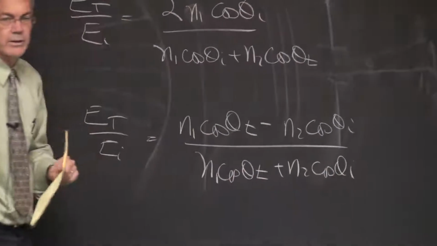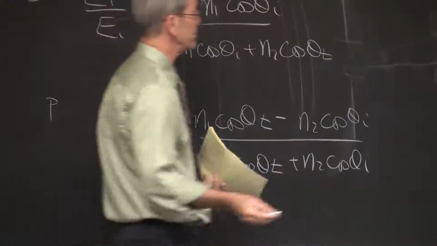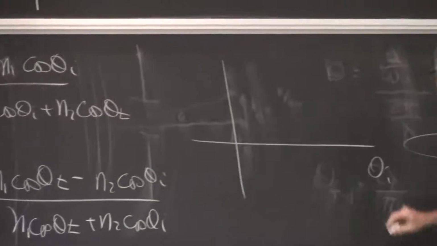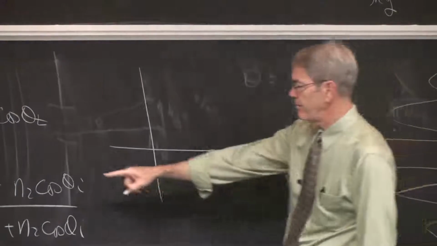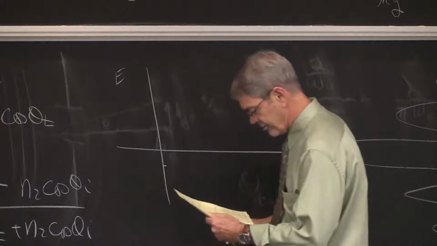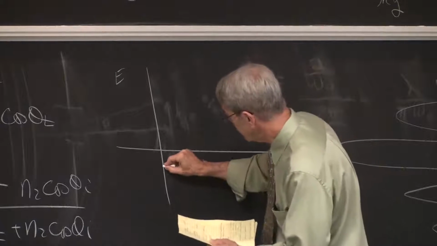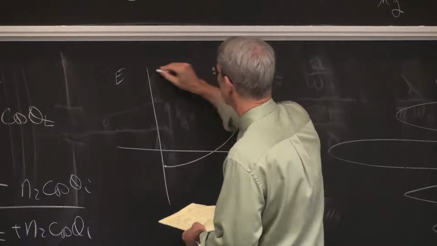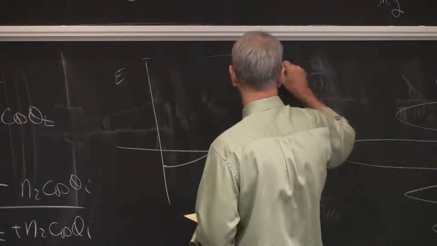Okay, so what? Let's plot it. If you plot this as a function of theta incident, and I'm going to plot the magnitude of the transmitted beam, it actually flips sign here. It goes from a negative through 0 and up to 100%. So here's 100% at 90 degrees.